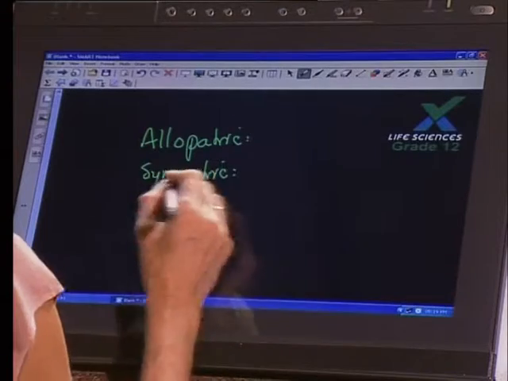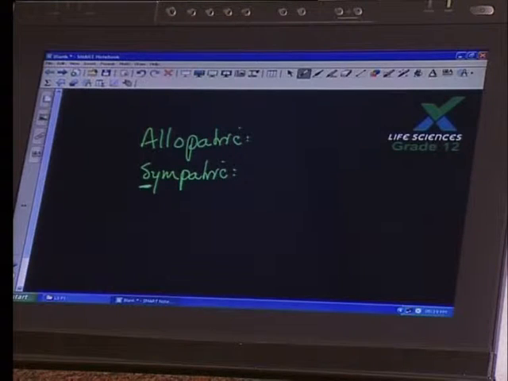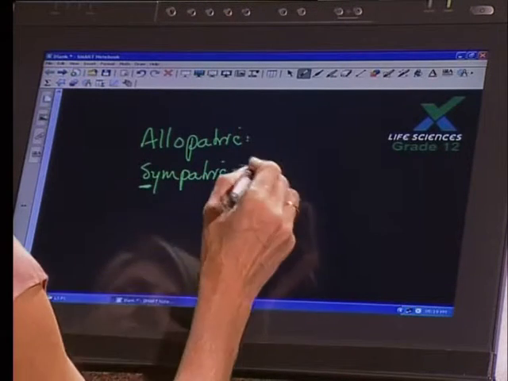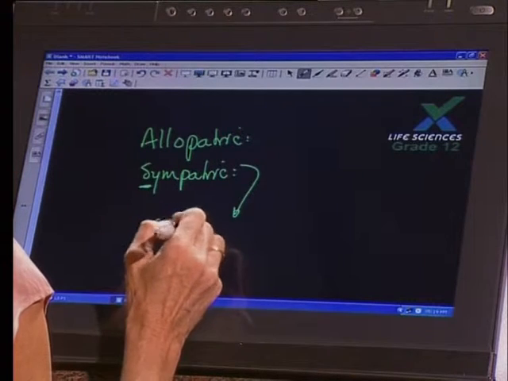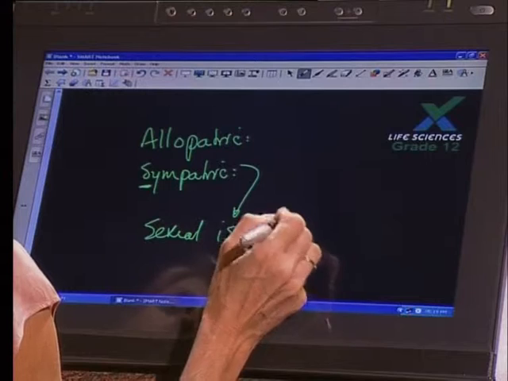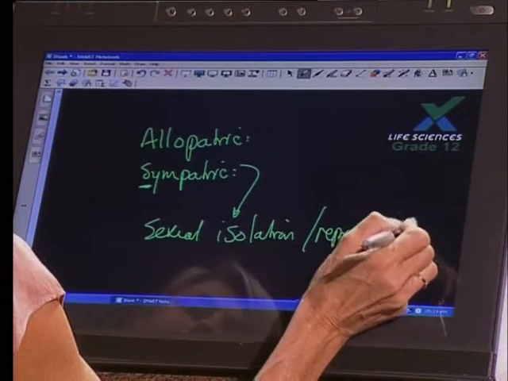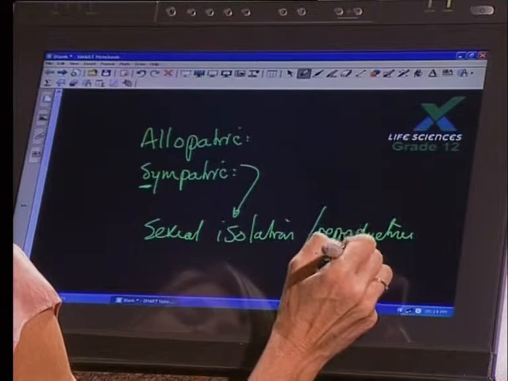Then we look at allopatric and sympatric speciation. Sympatric starts with an S, so sympatric leads to sexual isolation, or reproductive isolation.